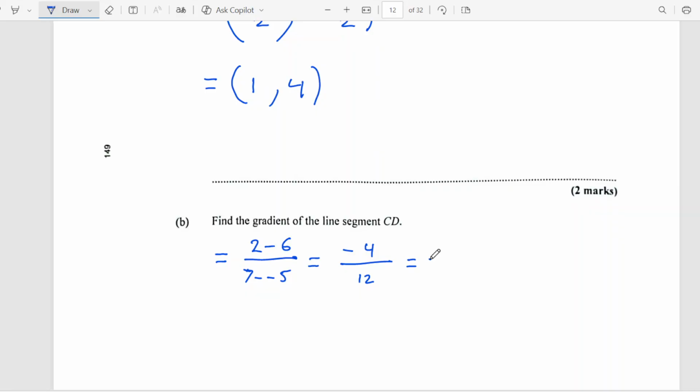This could be reduced to negative 1 over 3. So the gradient is negative a third. You have that? Yeah. Right.